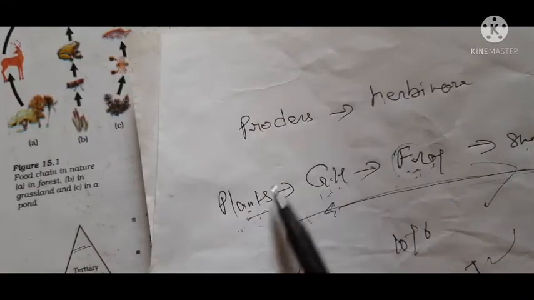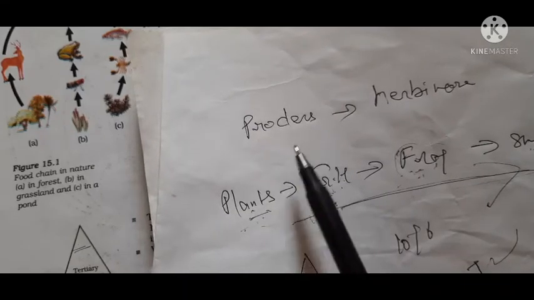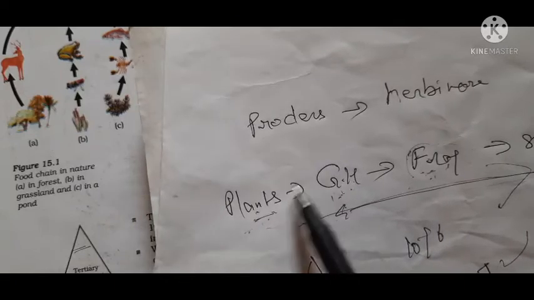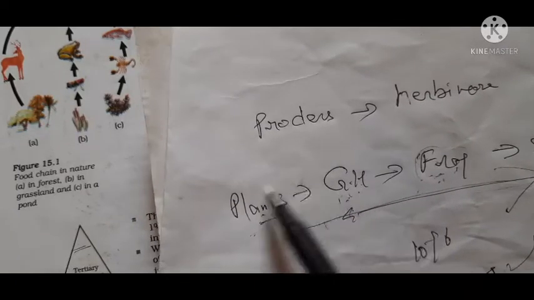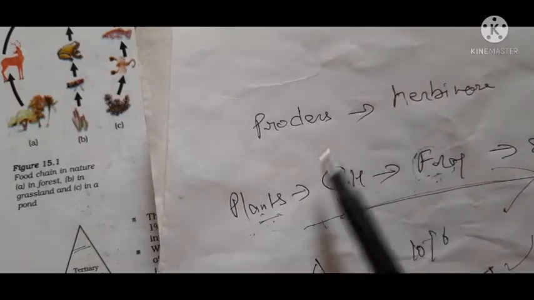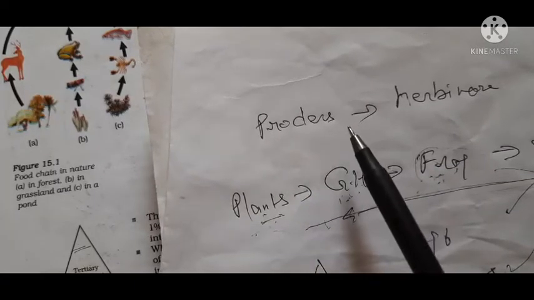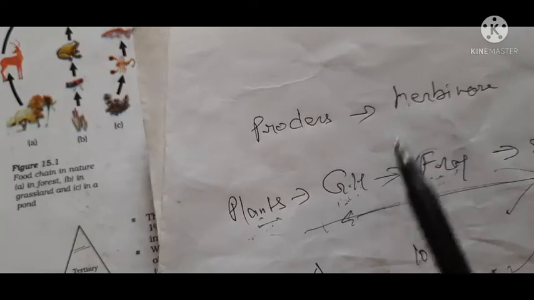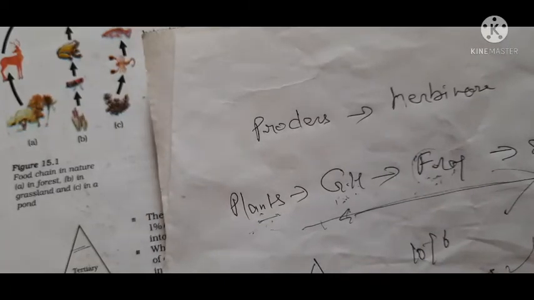Rabbit also eats plants, cow also eats plants. Understood? And then herbivores are eaten by many different carnivores. There are many different secondary consumers which are further eaten by many different tertiary consumers. So there is an interrelation of many food chains, and that is called a food web.